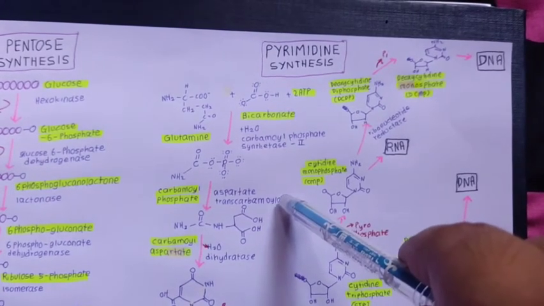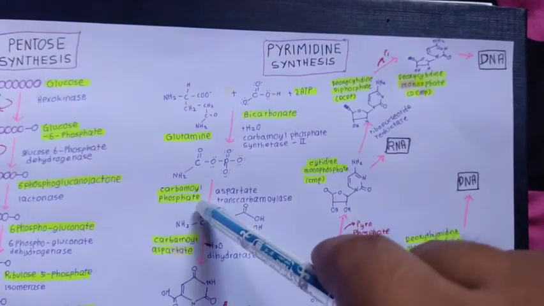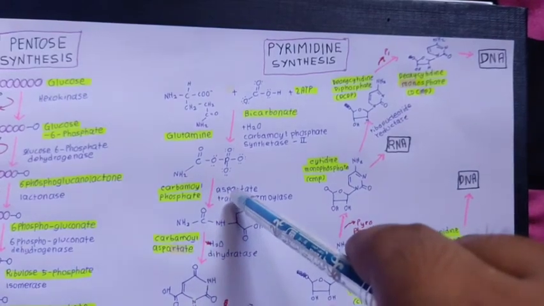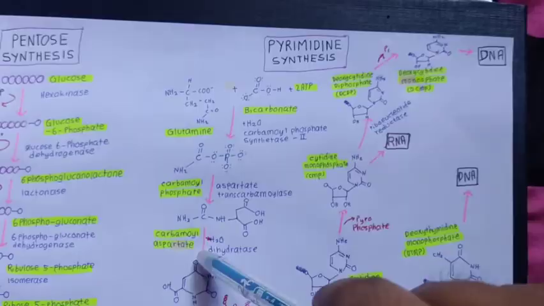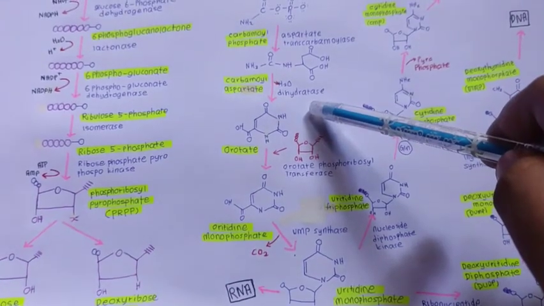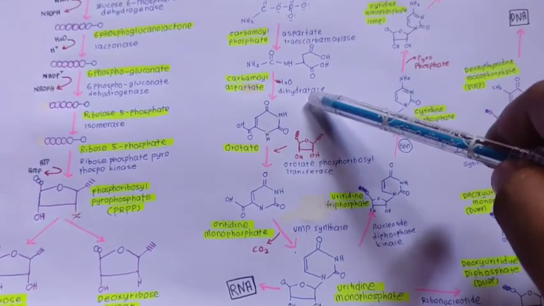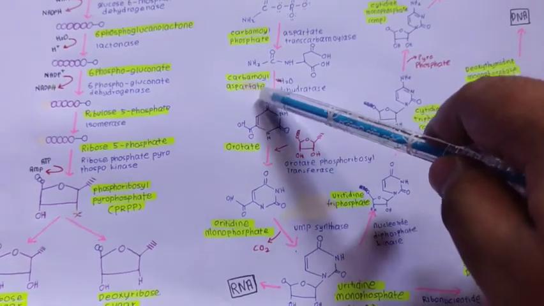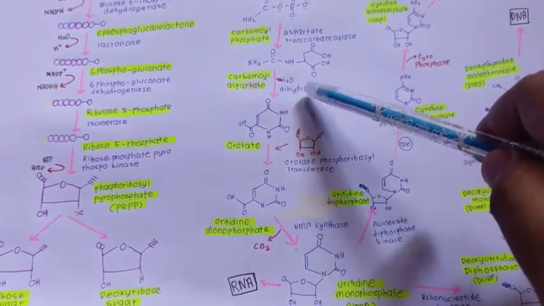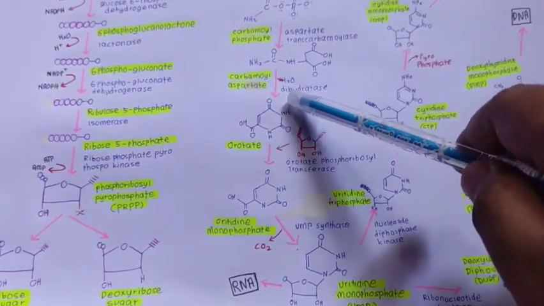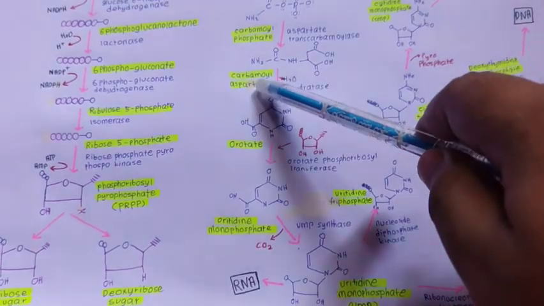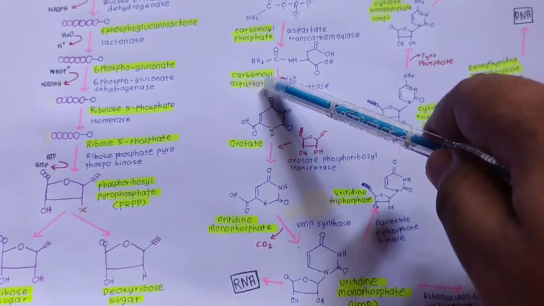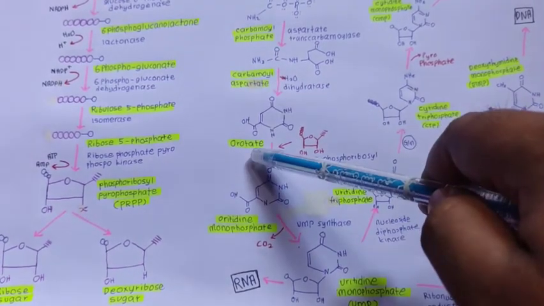Then, carbamoyl phosphate adds aspartate and converts into carbamoyl aspartate. Here, we need to dehydrate this molecule, so we use the enzyme dehydratase. The enzyme dehydratase pulls out water from this molecule, and this molecule was converted into orotate.